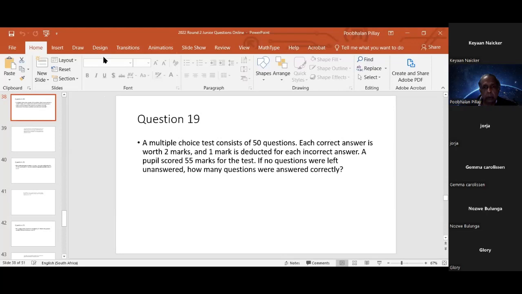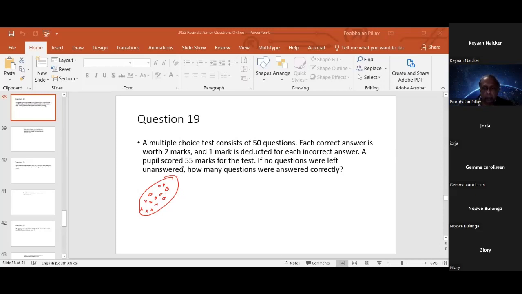So this is an interesting question. You got 50 questions altogether. Some of them were correct and some of them were incorrect. So let's just draw a little diagram to say you got the correct ones and the wrong ones.